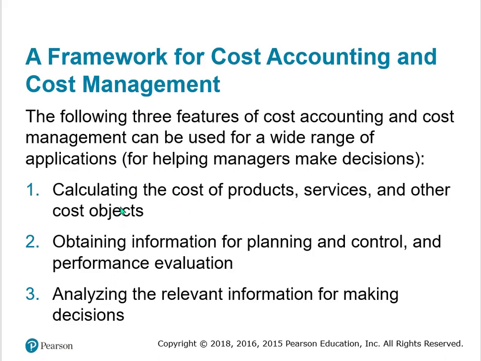The first one is product cost: products, services, and other cost objects. Second is information for planning and control and for performance evaluation, key features of a management job. And then finally, to analyze relevant information for making decisions.